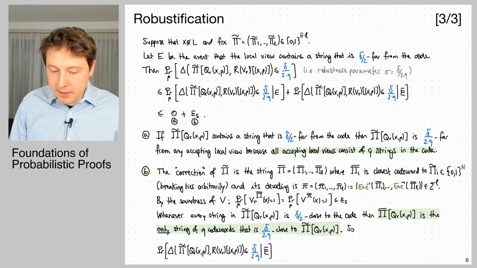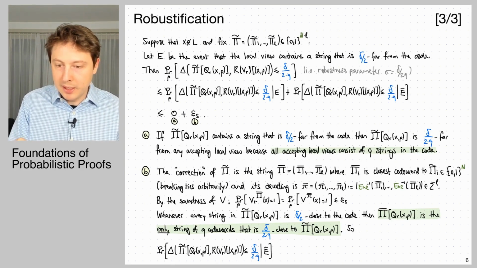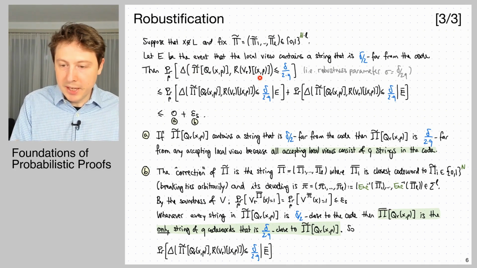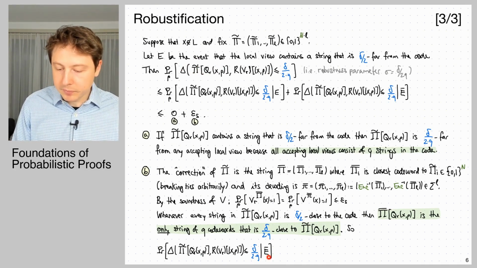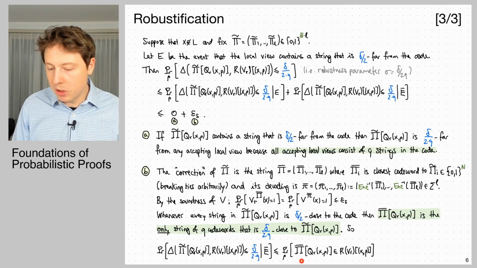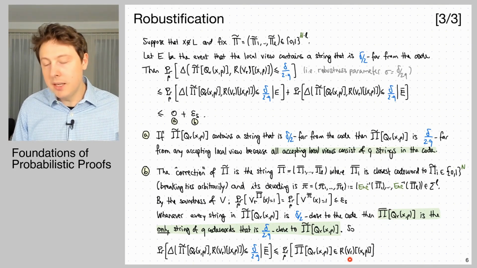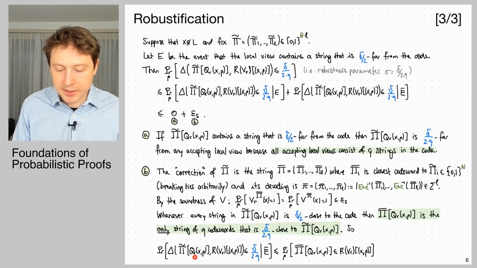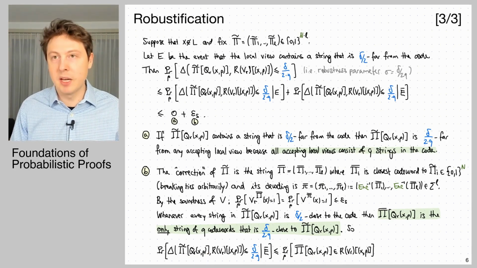Okay, but if that is the case, the probability that I want to study, that is this one here, conditioned on this event E bar, is bounded from above by the probability that pi bar is itself accepting. Why? Because here we're asking, what's the probability that this noisy local view is close to an accepting one?